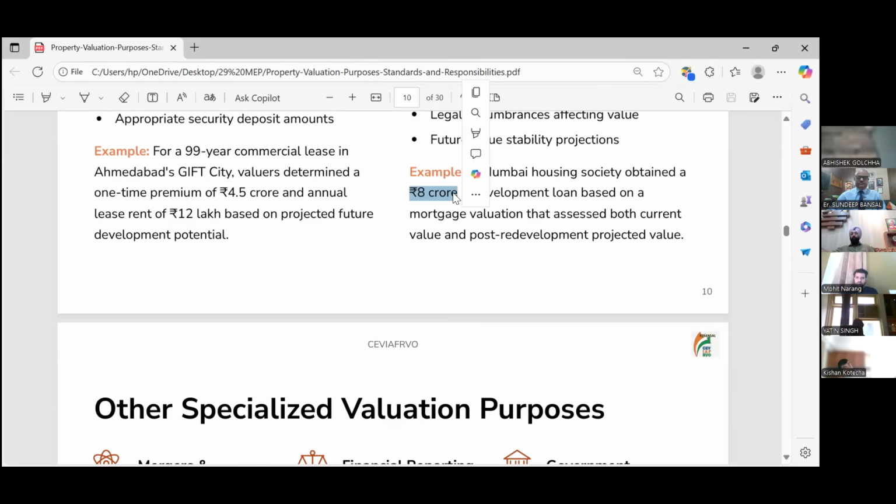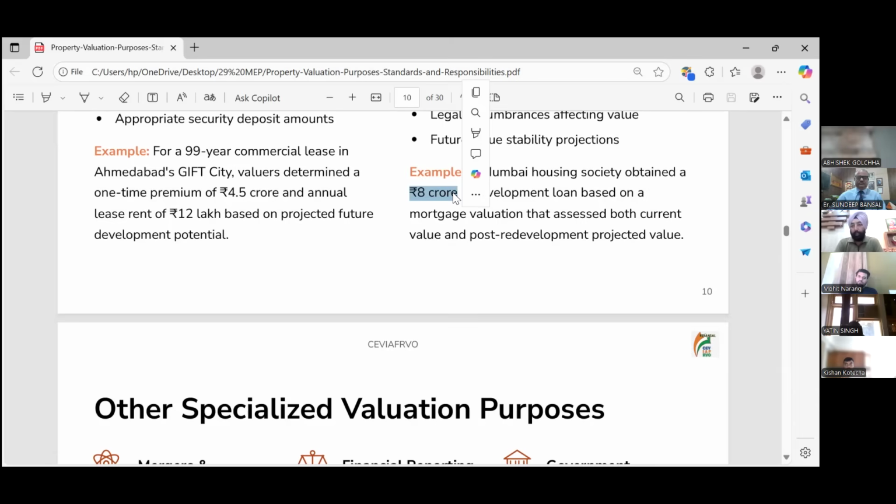Many times, let us suppose a person has added a swimming pool in his house by investing, let us say, an amount of 15 lakh. But it does not mean that the value of his house has increased by 15 lakh. It is your duty to find out what is the effect of that 15 lakh invested.